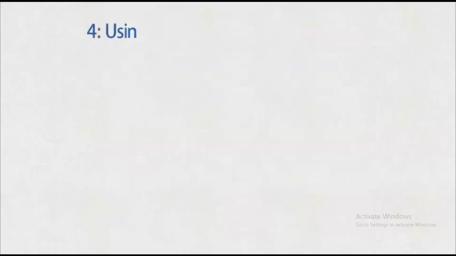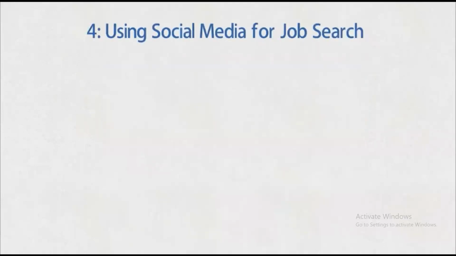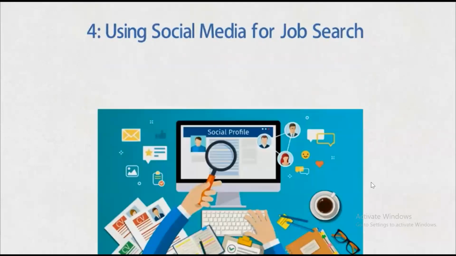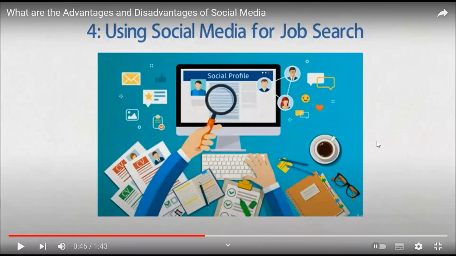And the other one is what? Using social media for job search. Normally for job search, you can see Top Jobs and Ikman.lk, all these are well famous for job search and other informational search.